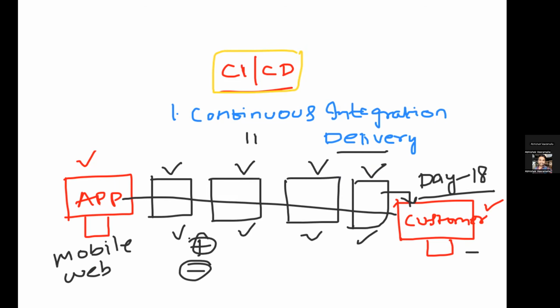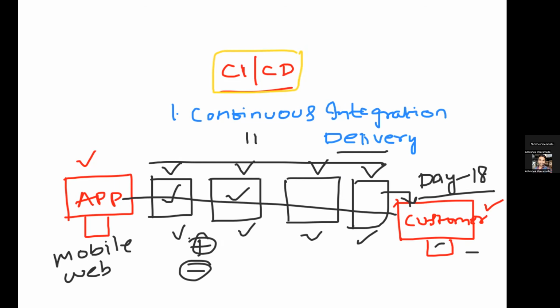CI/CD is a process where you automate all of these things. If you had to do all of this manually, unit testing, functional testing, or regression testing your application every time, even for a single code commit made by a developer, it would take months by the time your application reaches the customer.